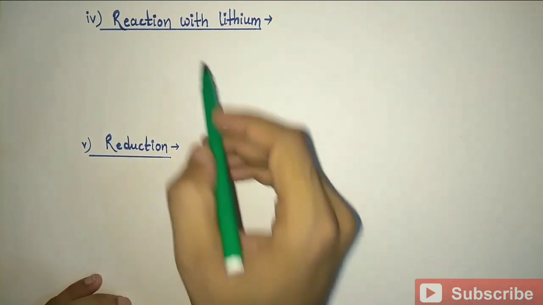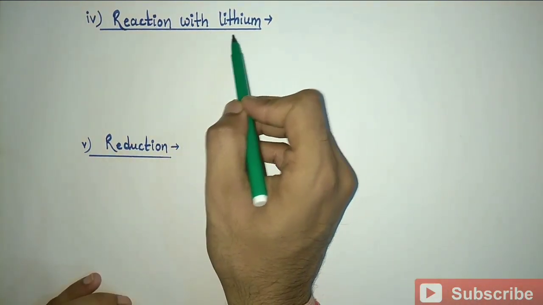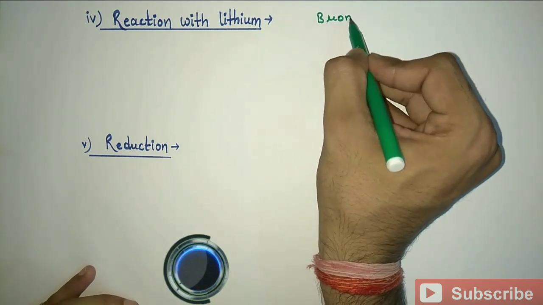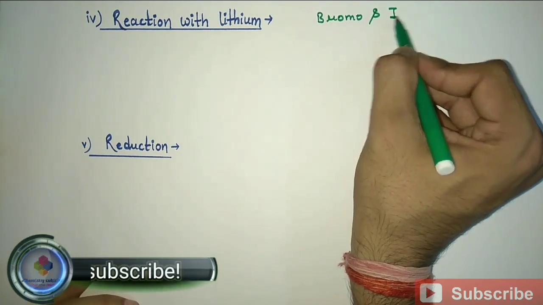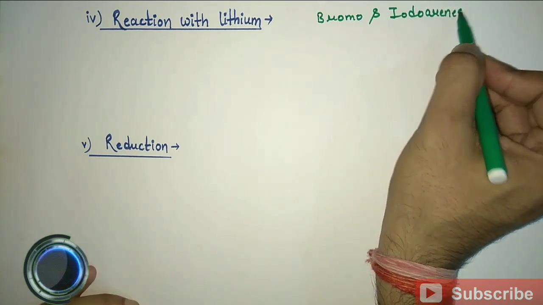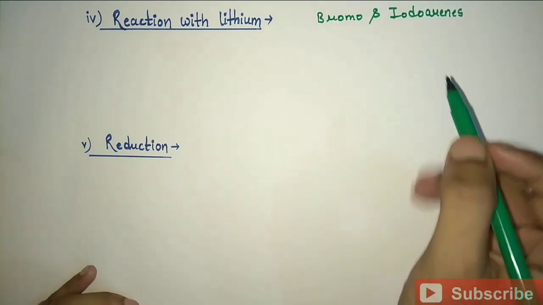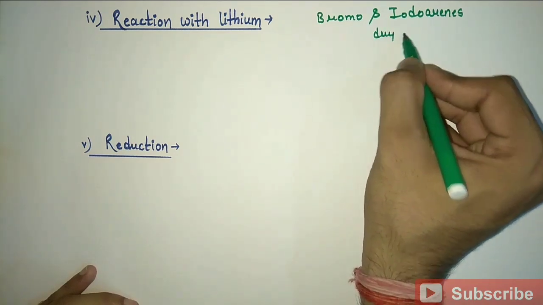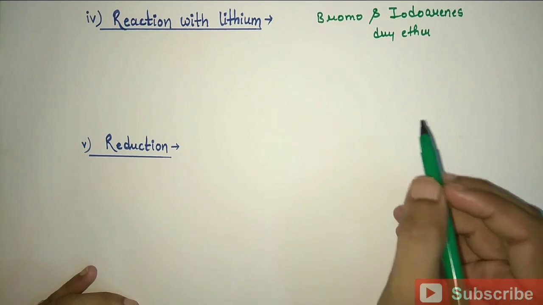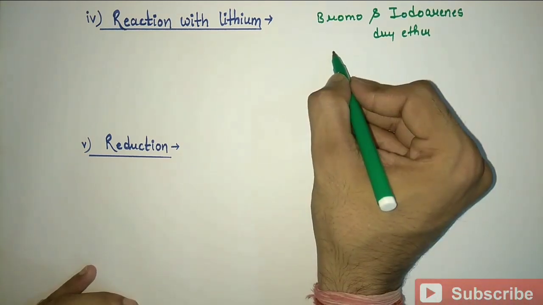Now, the next is reaction with lithium. So whenever bromo and iodoarenes react with lithium metal in the presence of dry ether, they will lead to the formation of the corresponding organometallic compound.